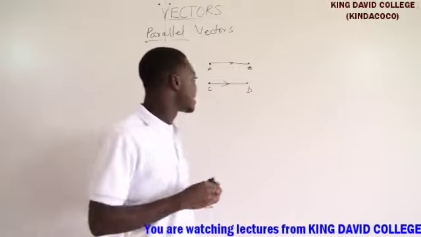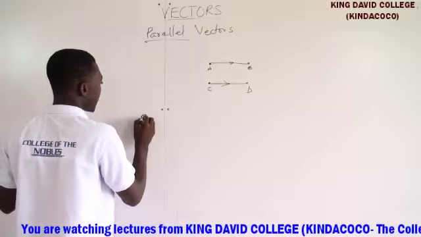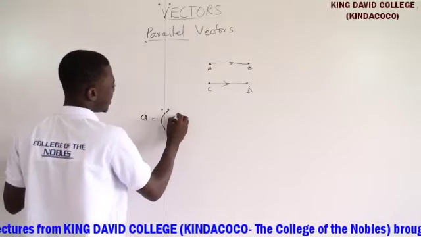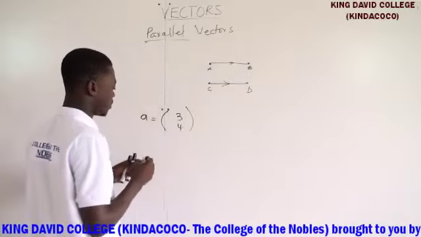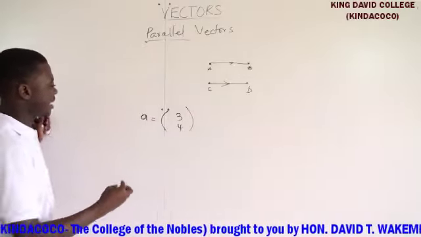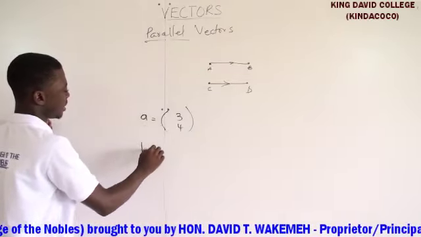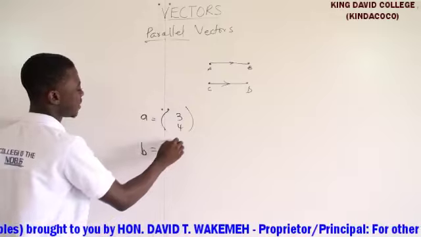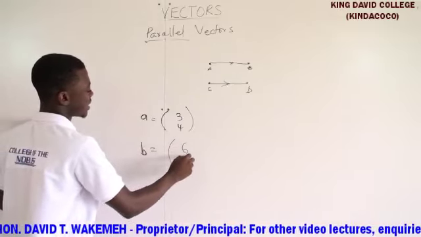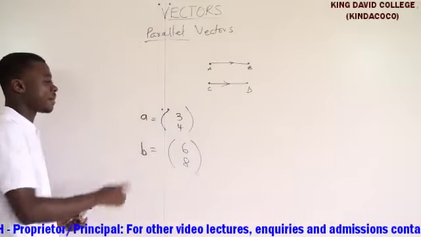What I mean is this. Let's say I have vector A, 3, 4, and then vector B, 6, 8. Then we can say A and B are in parallel.